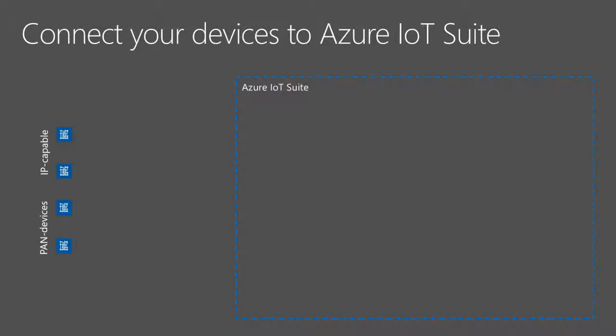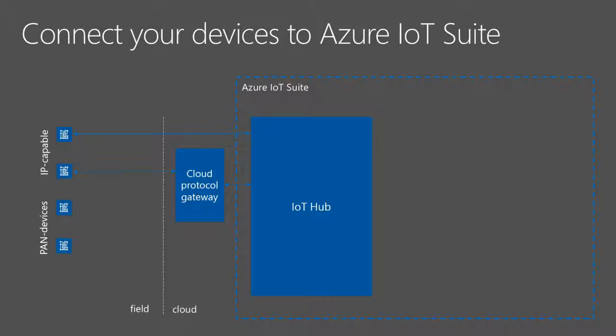Many doesn't even begin to describe that, but let's classify them between devices that can connect to the internet and devices that cannot, or personal area network devices. They're usually handled in slightly different ways. And then, of course, there is a lot of variety with respect to platforms, hardware, operating systems, and various stacks that you can use on the device.